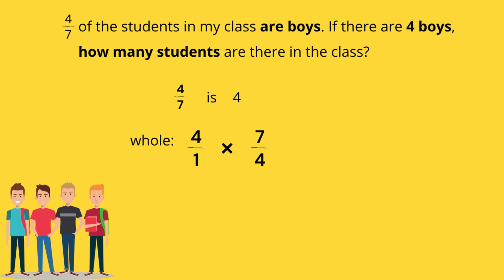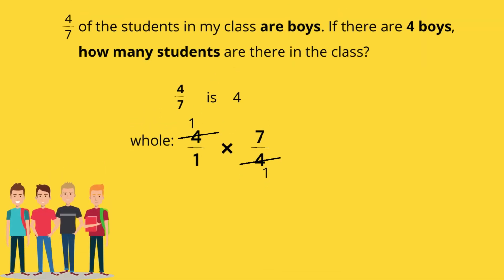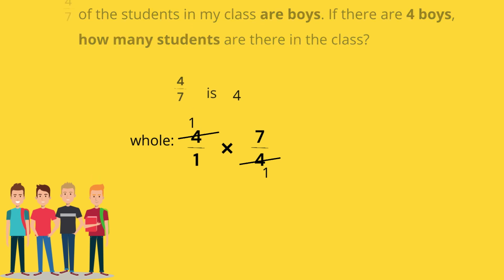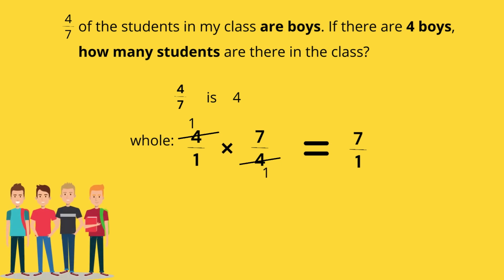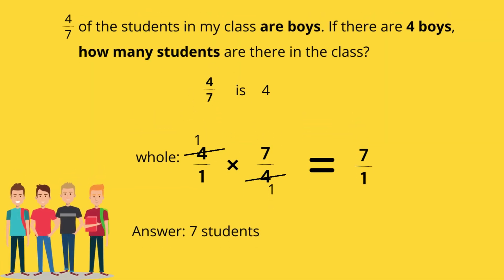We multiply by the reciprocal, which is 7/4. You see that the fraction was inverted. 4 divided by 4 is 1. 7 times 1 is 7. So altogether, we have 7 students.